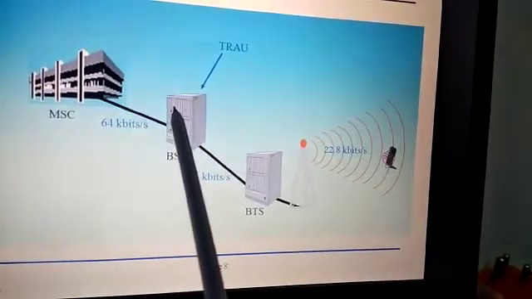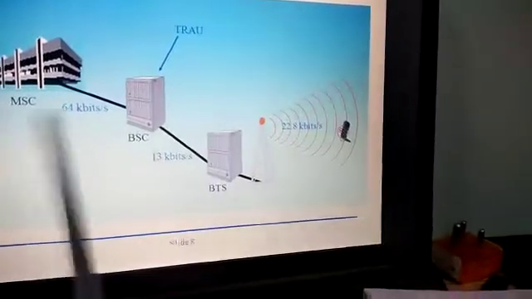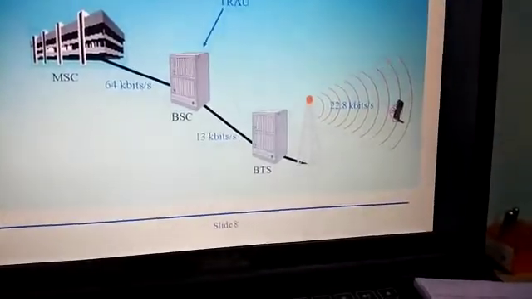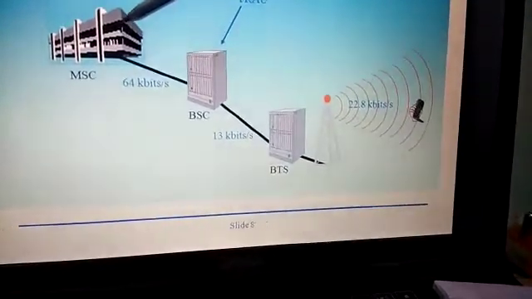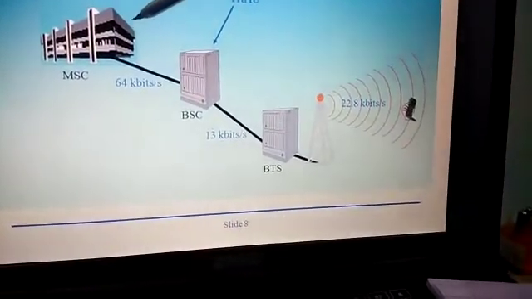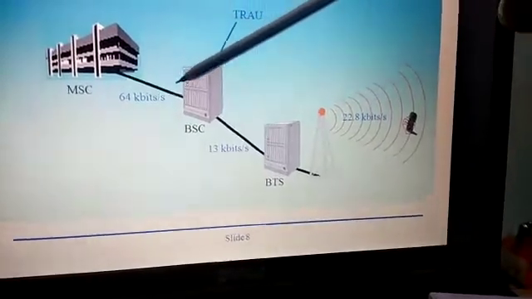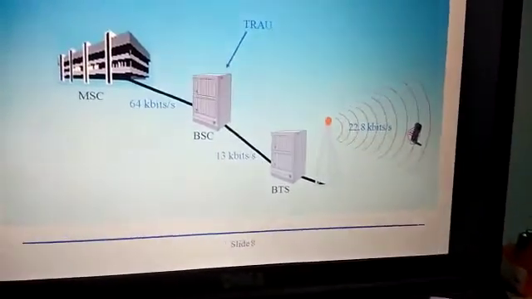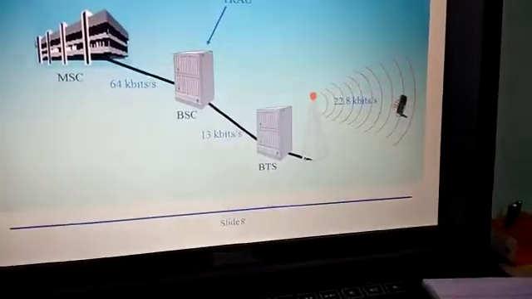Other handovers are under the control of the MSC. And the speech transferred from MSC to BSC is 64 kilobits per second, while BSC to BTS is 13 kilobits per second.